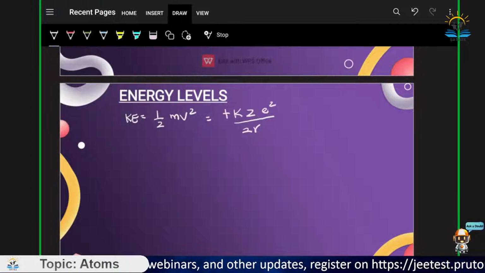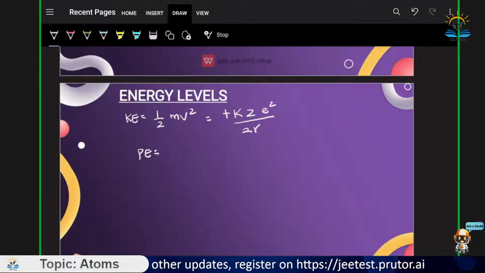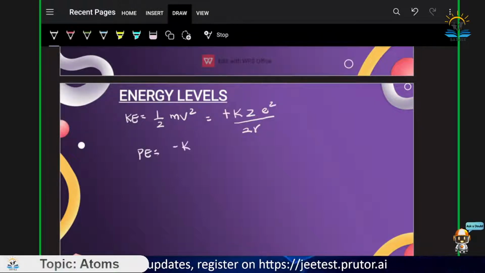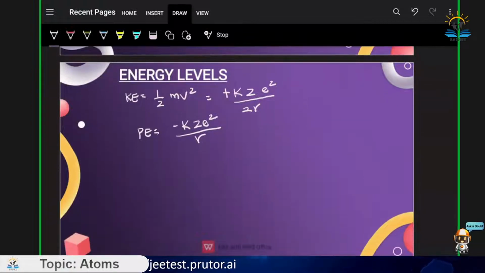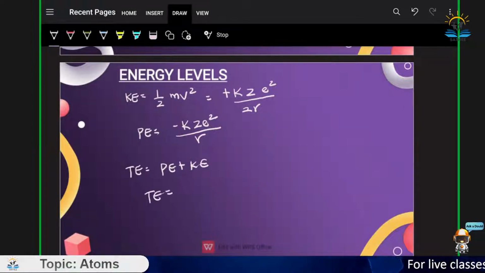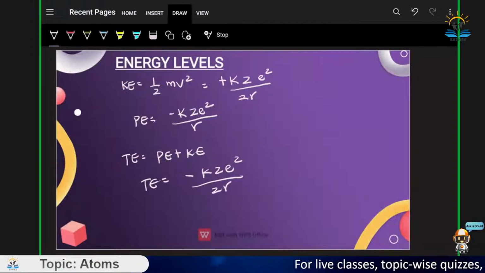Potential energy is k q1 q2 by r, equal to minus k z e square divided by r, because the electron is negative and the nucleus is positive. Total energy is potential energy plus kinetic energy, so if we add these we get minus kz e square divided by 2r.